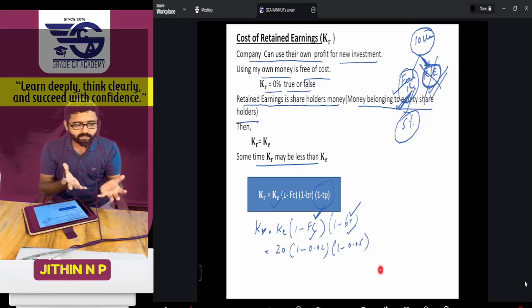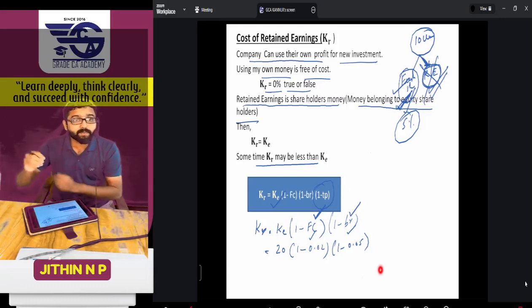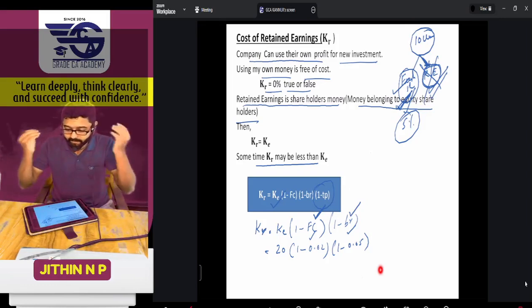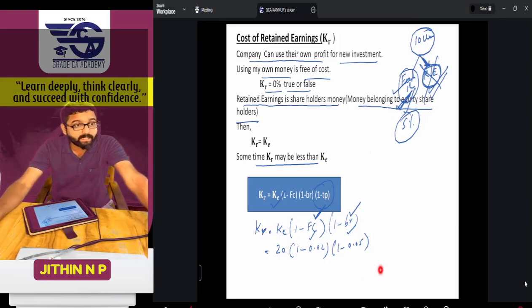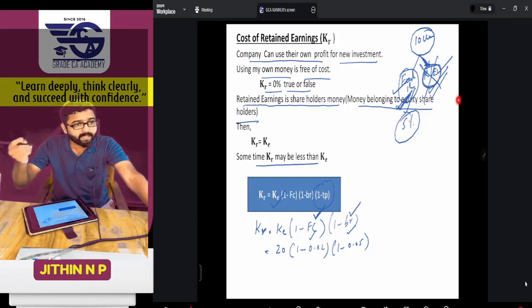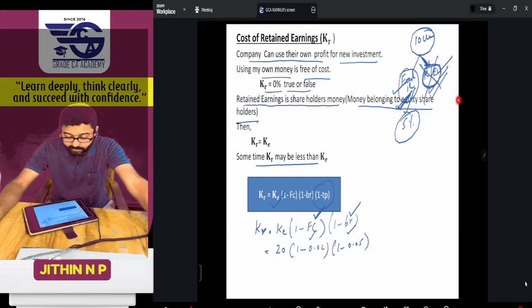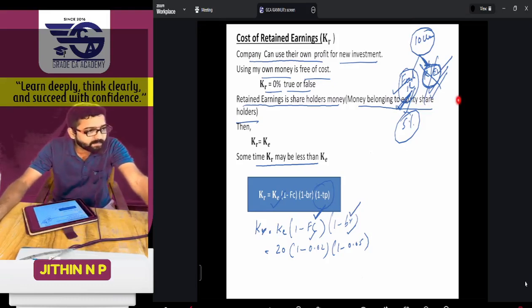If the shareholders, after receiving this return, invest in some other investment somewhere else, from that investment, if the shareholders get any return, they have to pay personal tax. But if the company uses retained earnings for its new investment, shareholders can save personal tax.